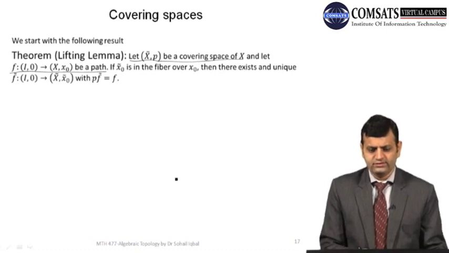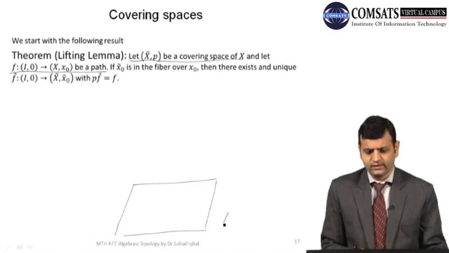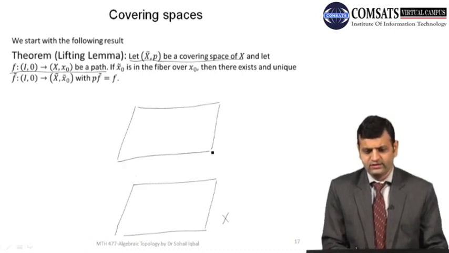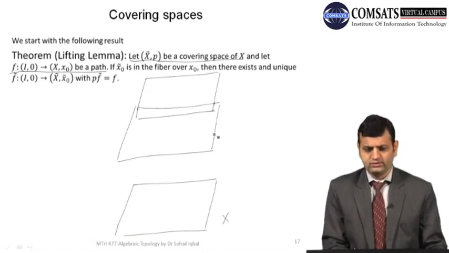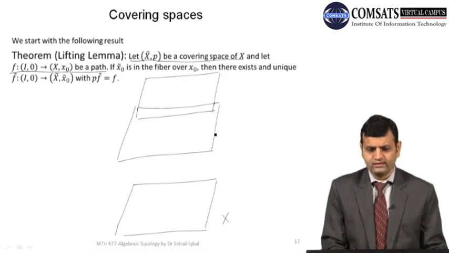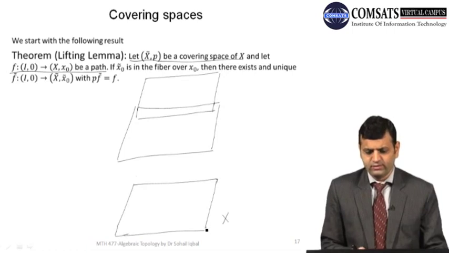So let's try to see graphically what happens. Let's consider this space to be X. Now I'm going to sketch the covering space in the following form. Remember that we assume that our covering space has to be path connected, but I'm going to sketch it in two sheets form so that we realize that it's going to be some number of copies of X.